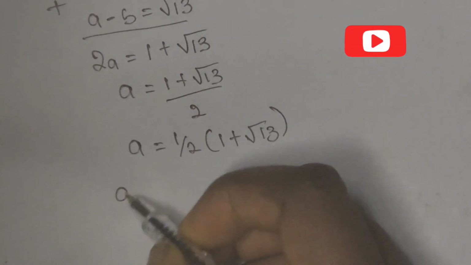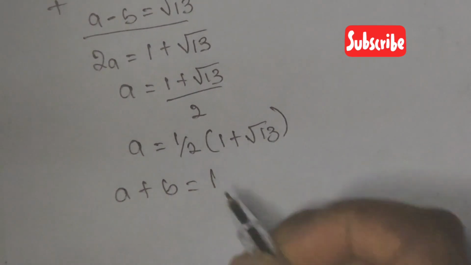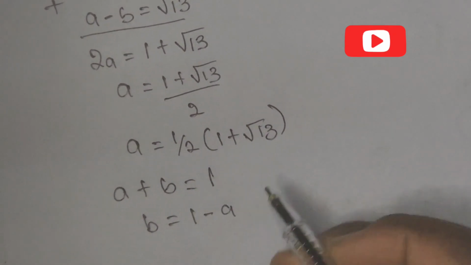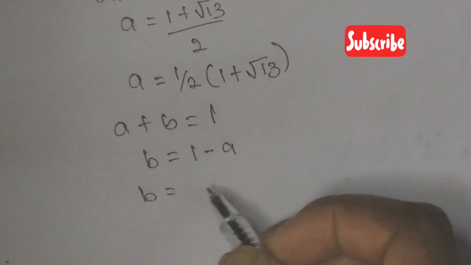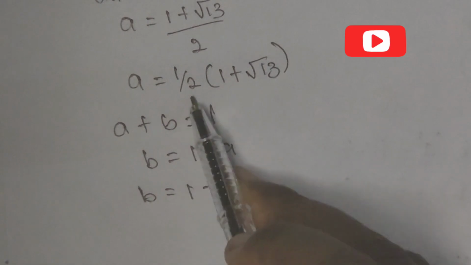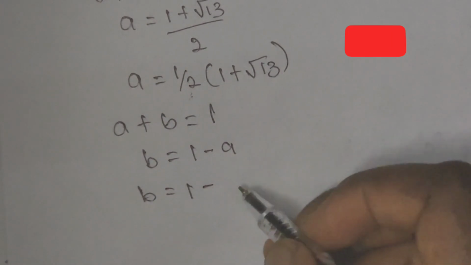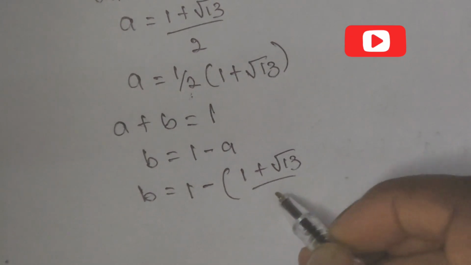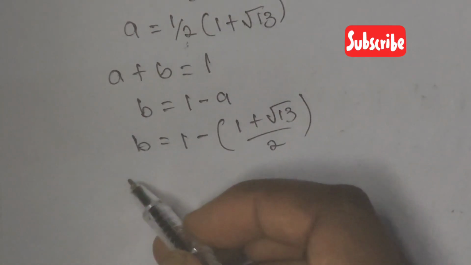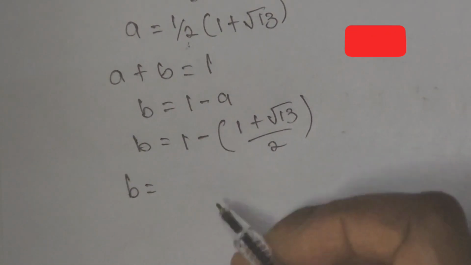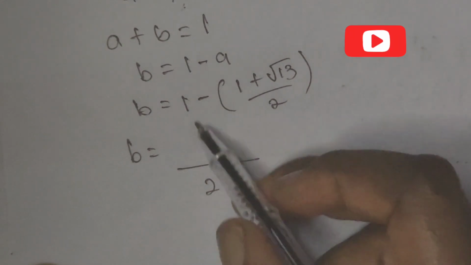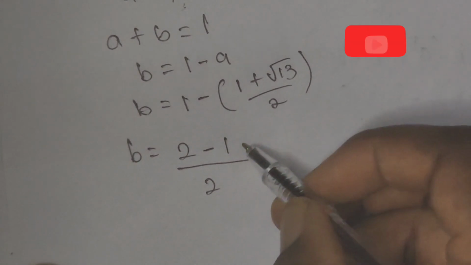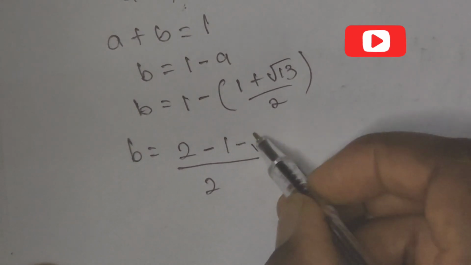Since a plus b is equal to 1, it means that b is equal to 1 minus a. This simply means that b is equal to 1 minus, remember our a is this, so we have 1 minus 1 plus root 13 over 2. So simplifying, we have b equal to 2 minus 1 minus root 13 over 2.